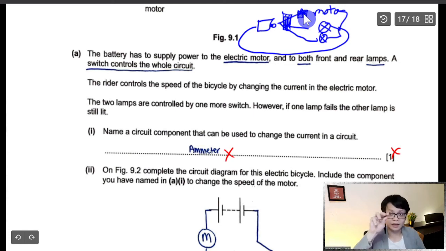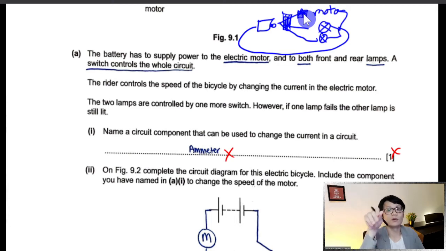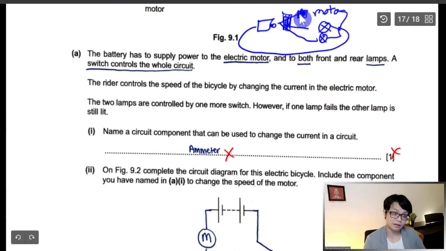Usually it's something that you can turn. Sometimes it's a switch, sometimes it's a turn, but I prefer the turn one. When you turn high, there will be more current, the motor will move faster. When you turn to 0, it will be very slow. The rider controls the speed of the bicycle by changing the current.